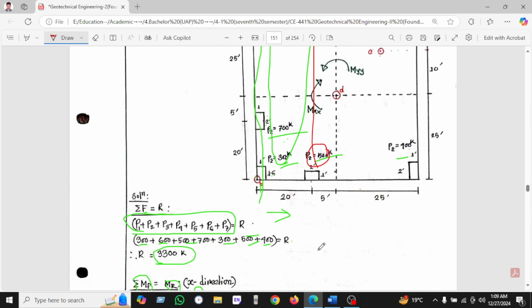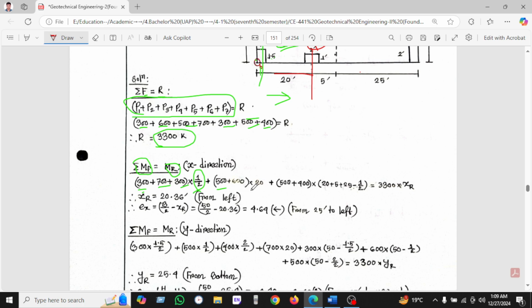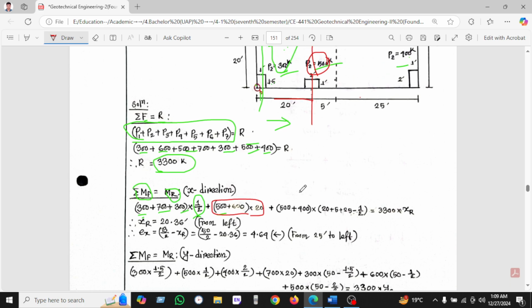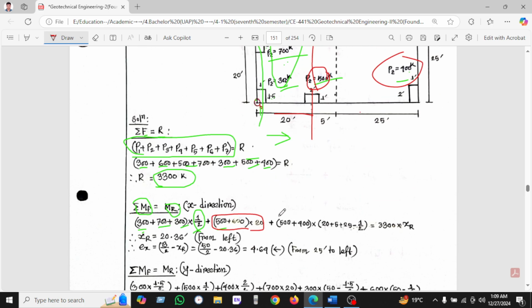So this is the row. It is coming from 12 feet. And the third one we can see 5 and 400, 5 and 400. It is 20 plus 5 plus 25 minus half. So in this way you will find XR, which is 20.36. And if we calculate the eccentricity B by 2 minus XR, we find 4.64 on the left side.